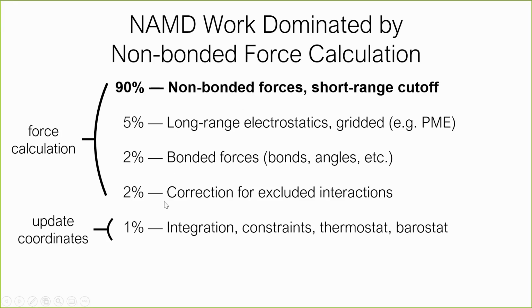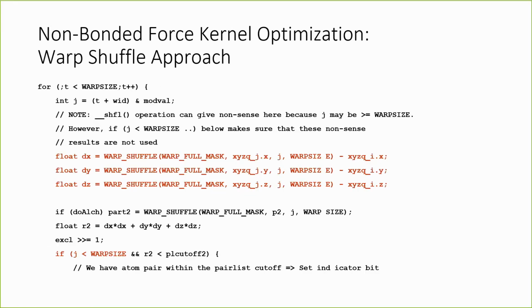There are many other kinds of kernels that we have to run, but this is where most of our performance comes from. So if we can make this particular kernel faster, we will end up making the entire program faster. Even though we may have accelerated all of these things on the GPU, this one gives us the greatest bang for our buck in terms of our optimization efforts.